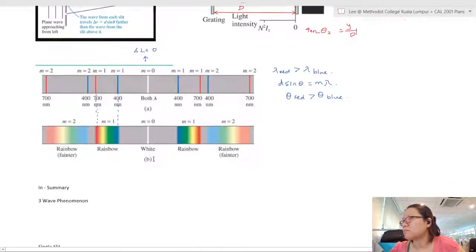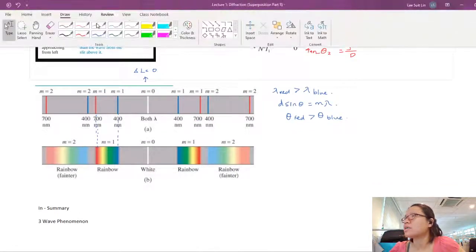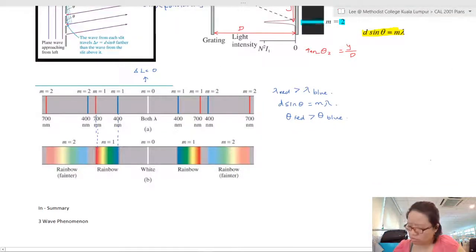And one last thing, although I'm not pretty sure I don't have to tell you this, to find the maximum order, because your n doesn't extend to infinity. So this m sometimes, by the way, I sometimes will write the equation as d sine theta is equal to n lambda.